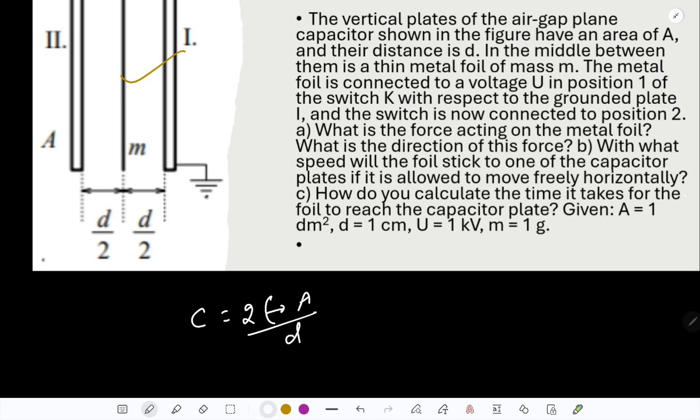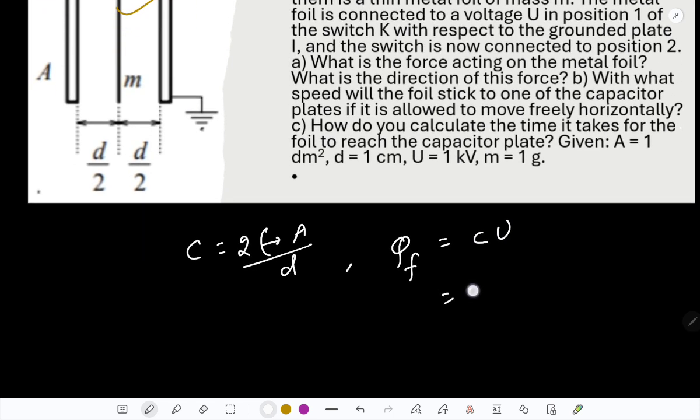That means this is the capacitance, and this capacitor is charged to a voltage U. That means charges on the plates on the foil, I can write it QF, that will become CU, that is 2 epsilon naught A U by D. That is the charge on the metal foil.